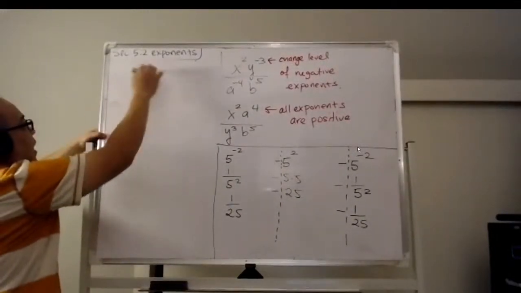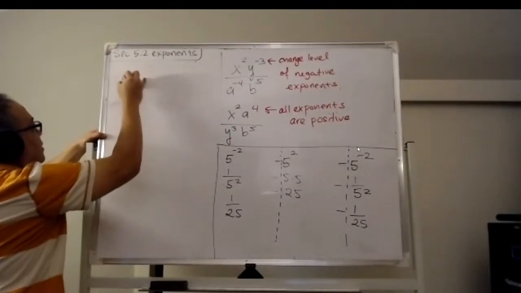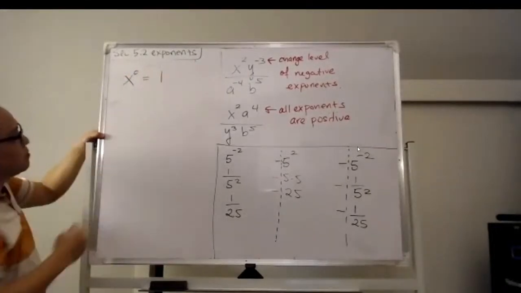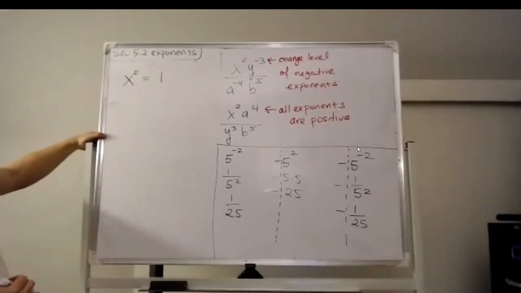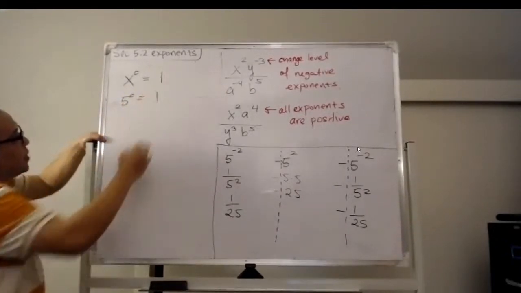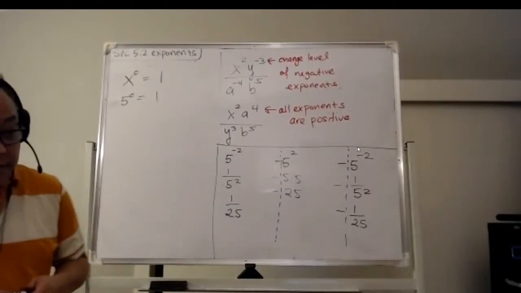So let's say I have something like this. Anything to the 0 power is equal to 1. So 5 to the 0 power is equal to 1. Now, people used to think that was equal to 0.